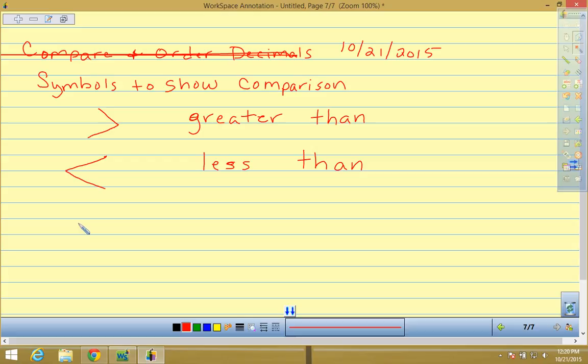Who knows what the other thing is? Aaron: Equal to. The equals sign, which is equal to. Or you might say that as is equal to.